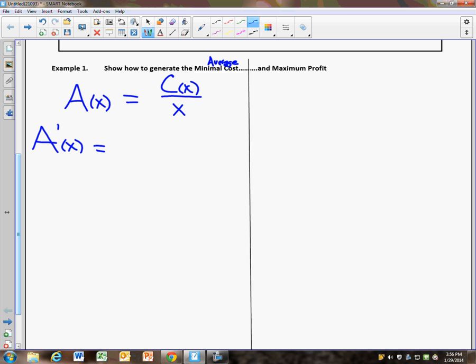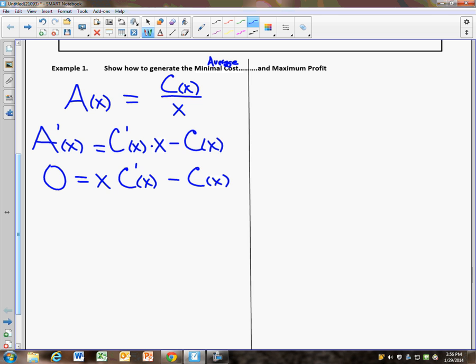Quotient rule says you take the derivative of the top, C prime of x, times the bottom left alone, which is just x, minus the derivative of the bottom, which is 1, times the top left alone, C of x. And you set that equal to 0 if you want to minimize the average cost. So I have x C prime of x, minus C of x.